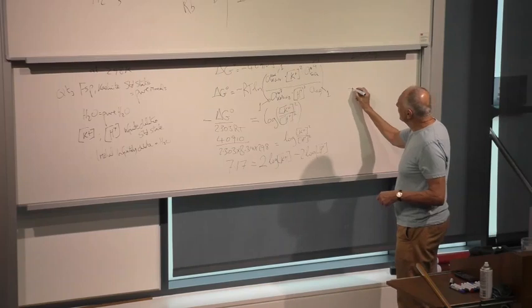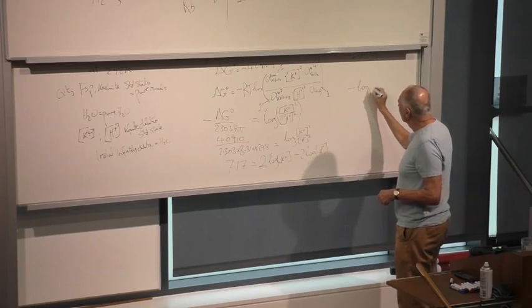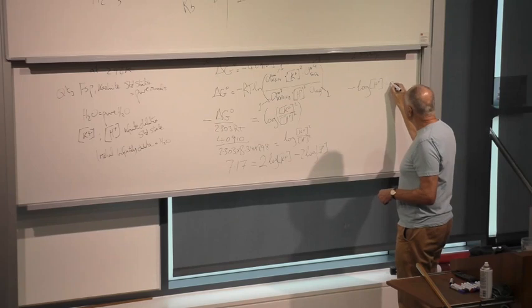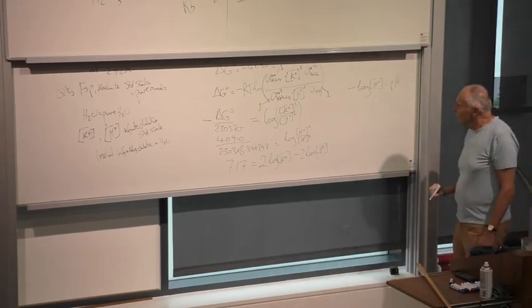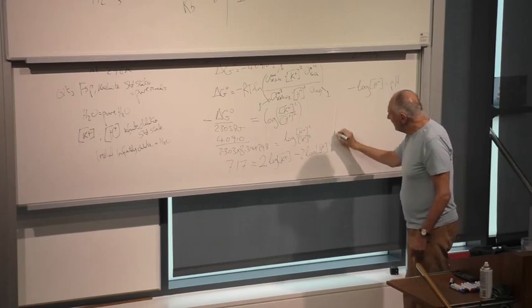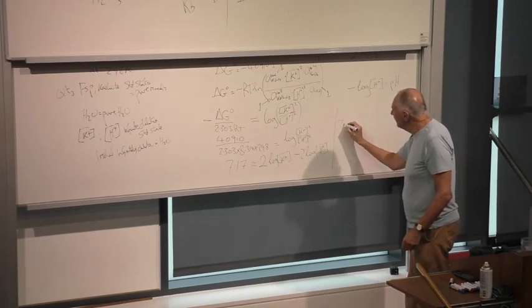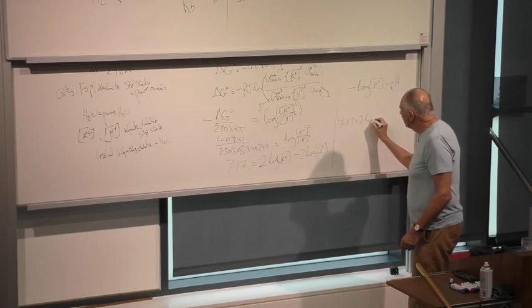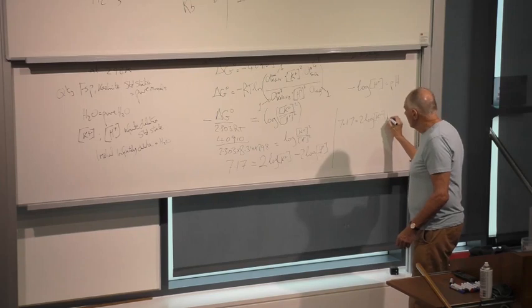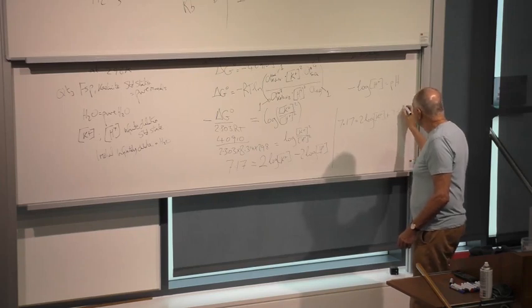So minus log H plus is pH. So that comes to be 7.17 equals 2 log K plus plus 2 pH.